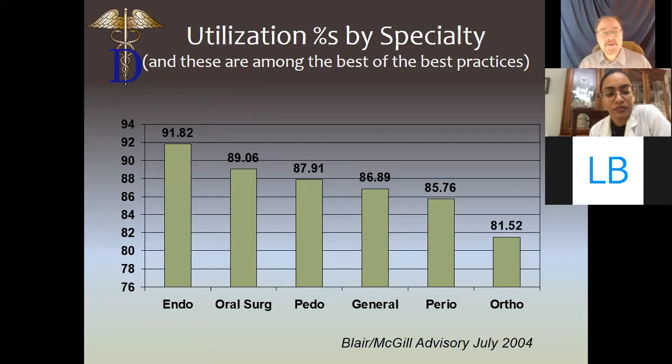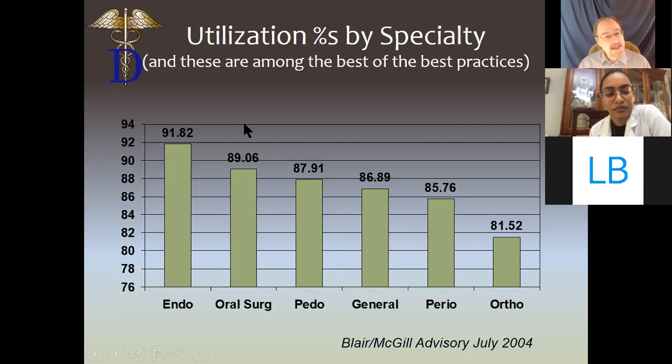Well, when my tooth number 19 blew up, which it did about 5 or 6 years ago, and it got infected and I was in pain, do you think I'm going to miss that endo appointment? No, wild horses would have to drag me away from that. I'm going to go get that tooth fixed because it's hurting. So that's, I think, why endo is so high here in terms of utilization.